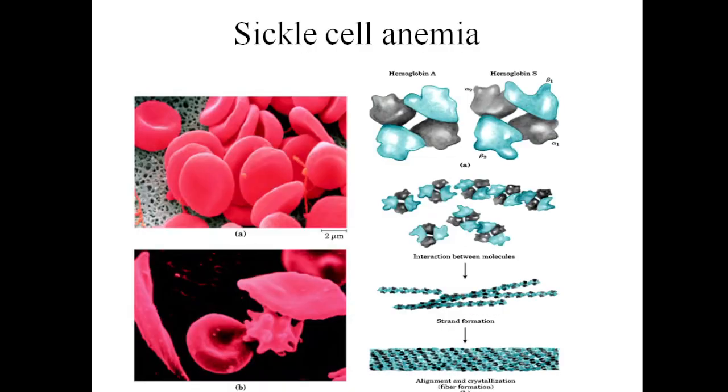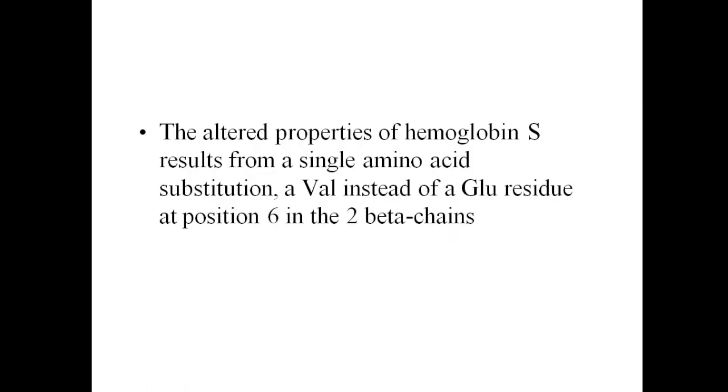One of them is sickle cell anemia. A mutation in one gene, one mutation, leads to development of the disease. The result is a mutation of hemoglobin, so-called sickle cell. Substitution of valine instead of glutamate in position 6 in the beta chain.